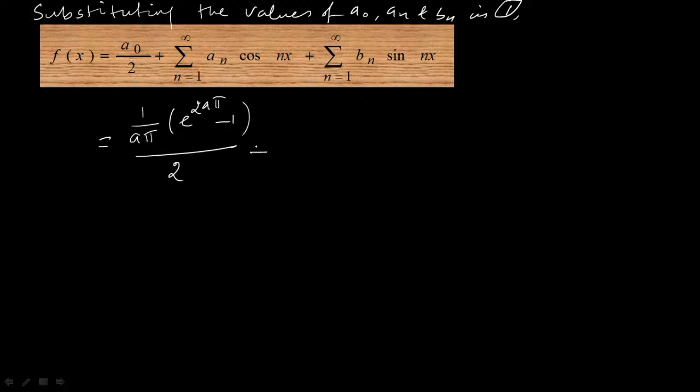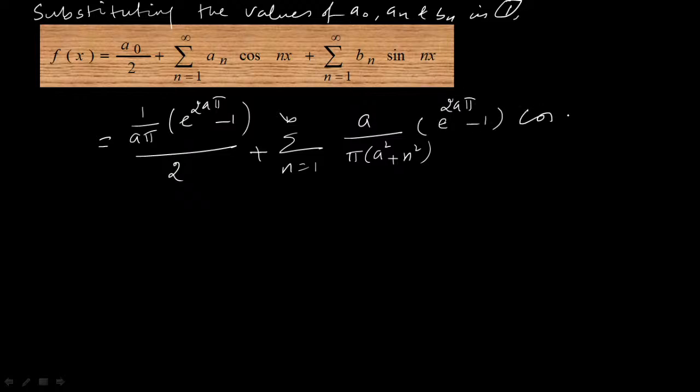Divided by 2 plus sigma n varies from 1 to infinity. Your An value is a divided by pi of a square plus n square of e power 2a pi minus 1 of cos nx.